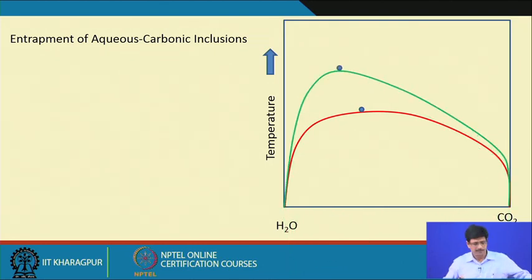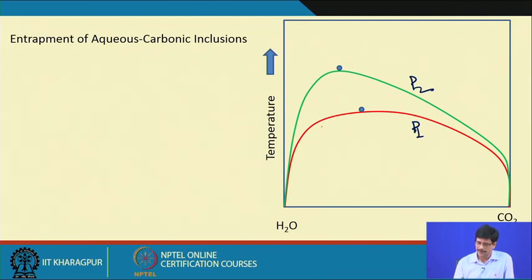Now, the solvus represented by the red line, suppose it corresponds to a pressure which is P1. The one which is represented by the green line is P2, and we can see that P2 has a much larger immiscible region under it, a field of immiscibility. This field is the immiscible region, and above it is the miscible region.